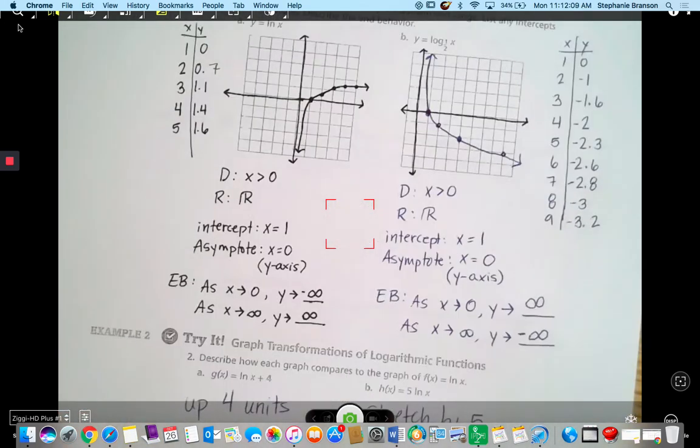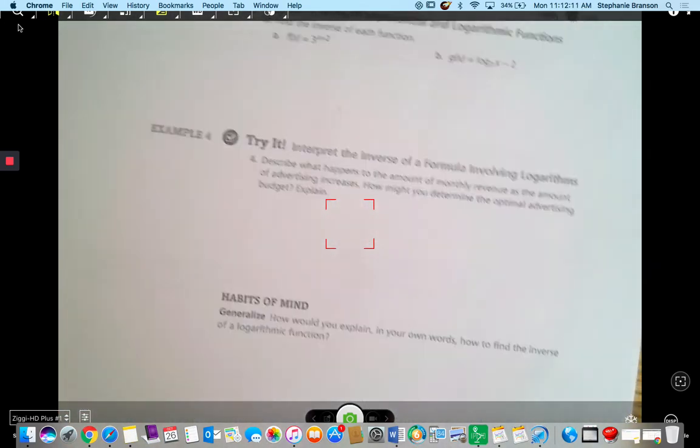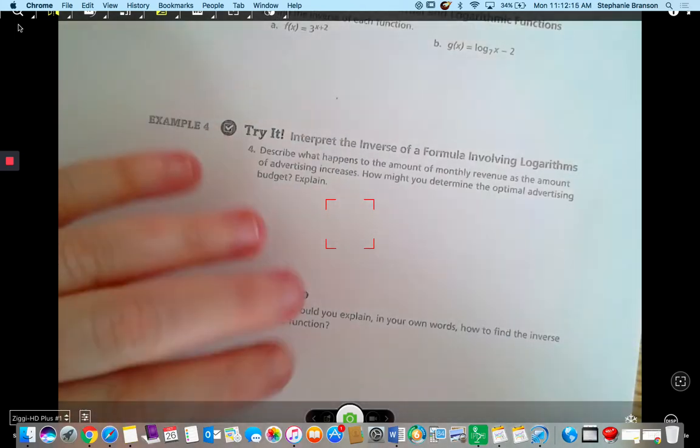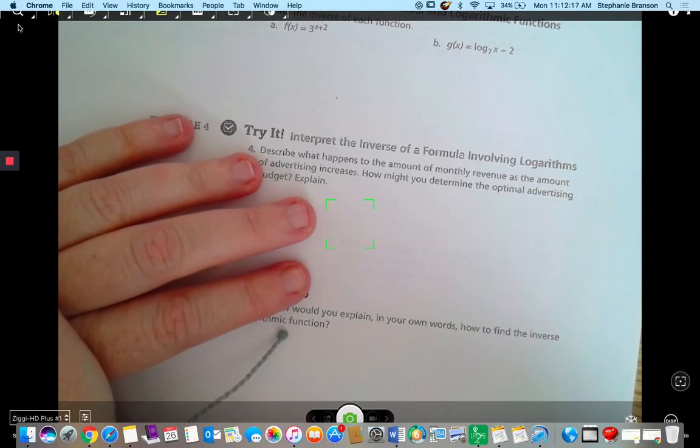All right, moving on to page 155. The last one was stretched by 5.